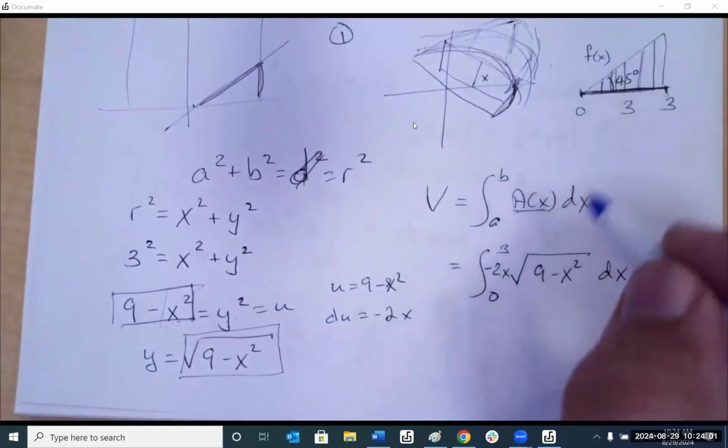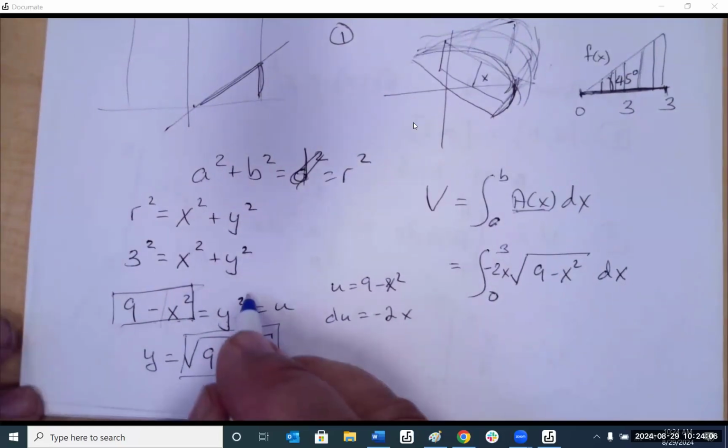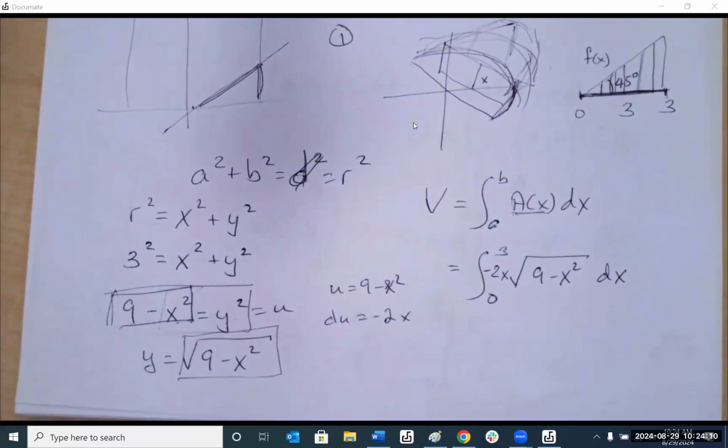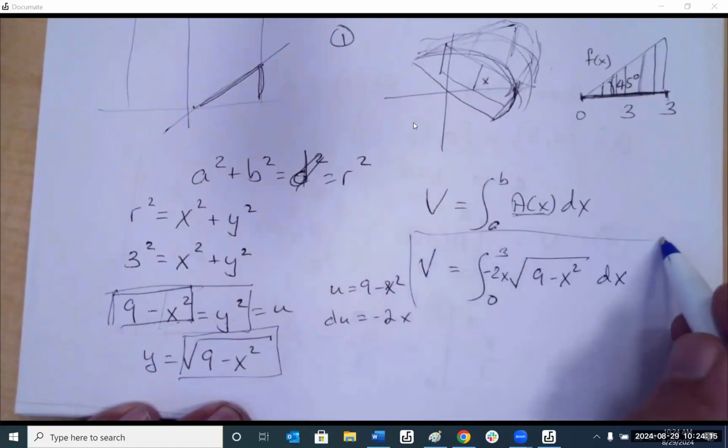Because we look back to our original formula and just set it to u. So that's my formula for my volume.